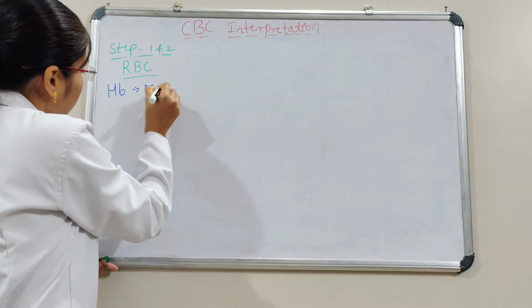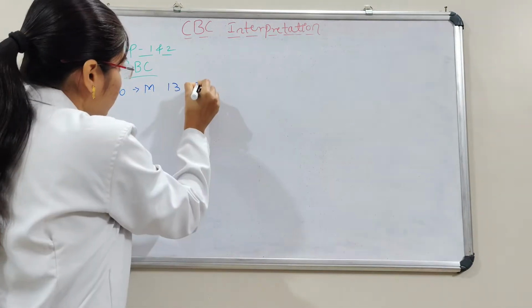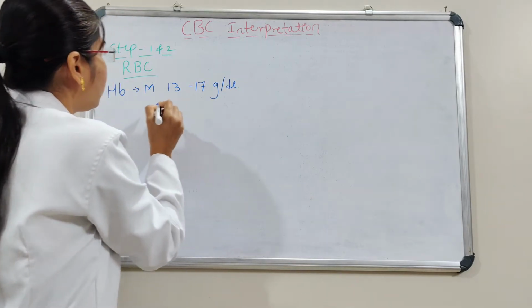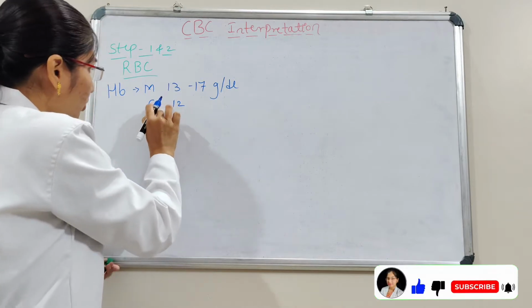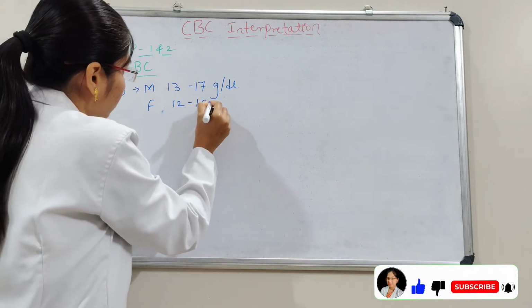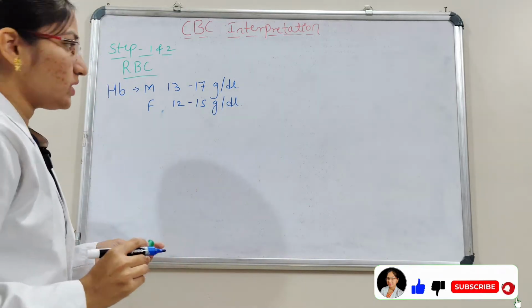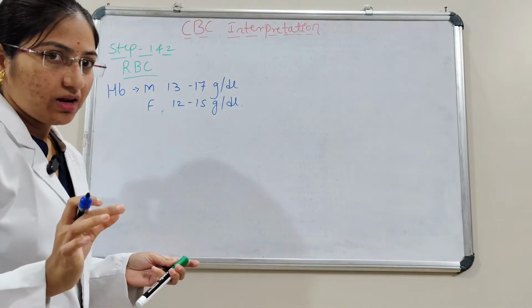In male, it is 13 to 17 grams per deciliter, and in female it is 12 to 15 grams per deciliter. This is the HB in male and this is the HB in female.